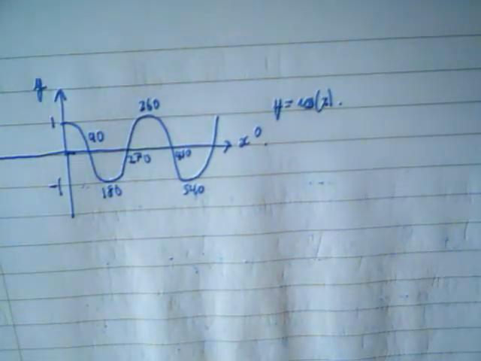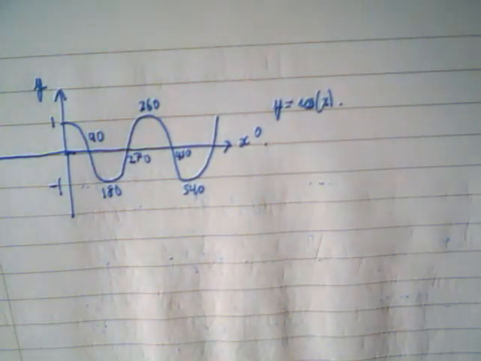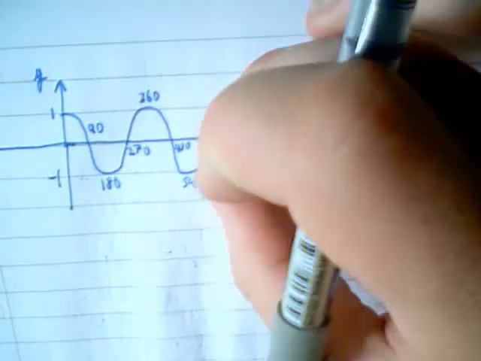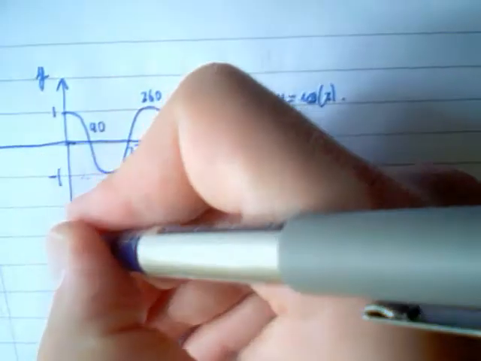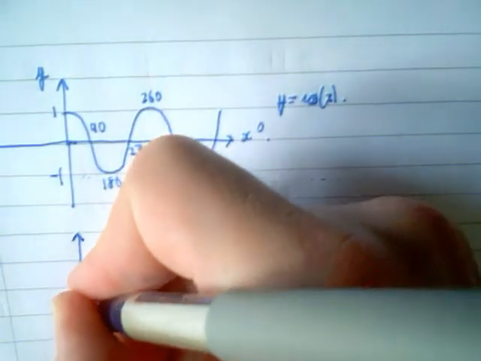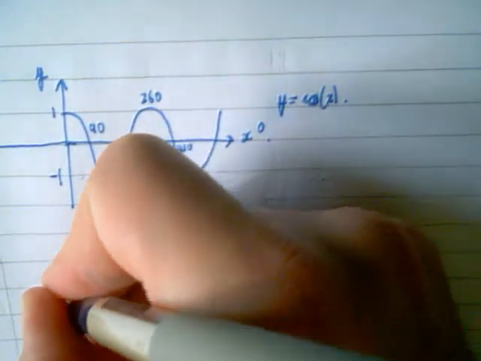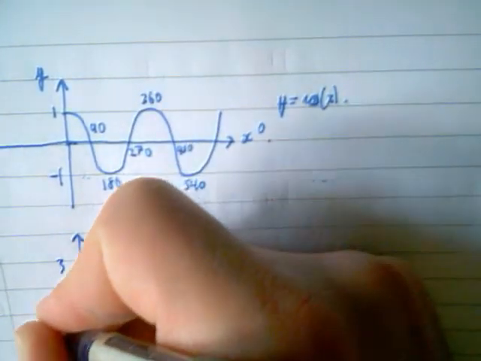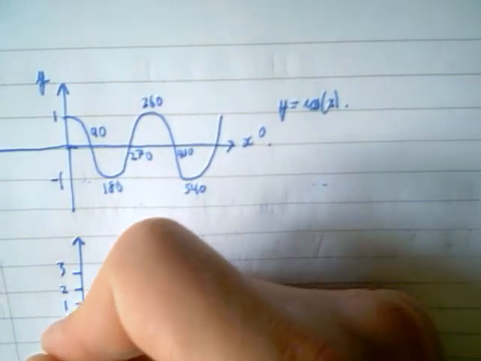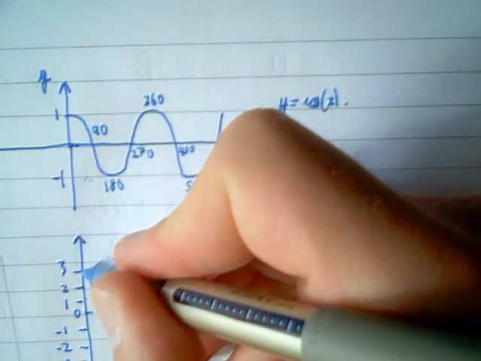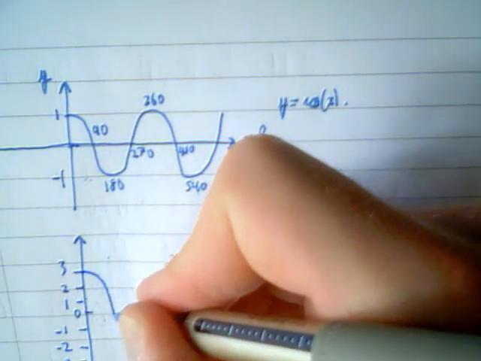So if we're doing y equals 3 cos x, we're going to have to just stretch this graph up in both directions. Stretch this graph in this respect here, so we then get a maximum and a minimum of plus 3 and minus 3. So if we call this 1, 2 and 3, and minus 1, minus 2 and minus 3, again we're just going to have the same shape of the graph.